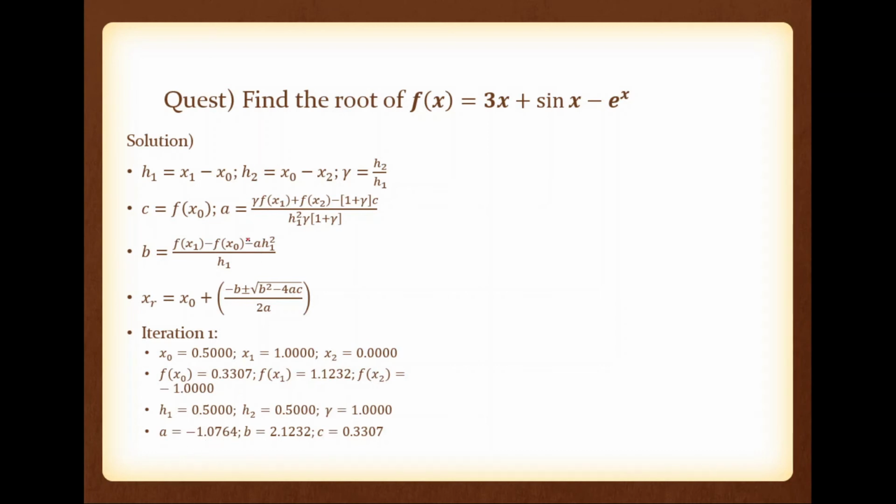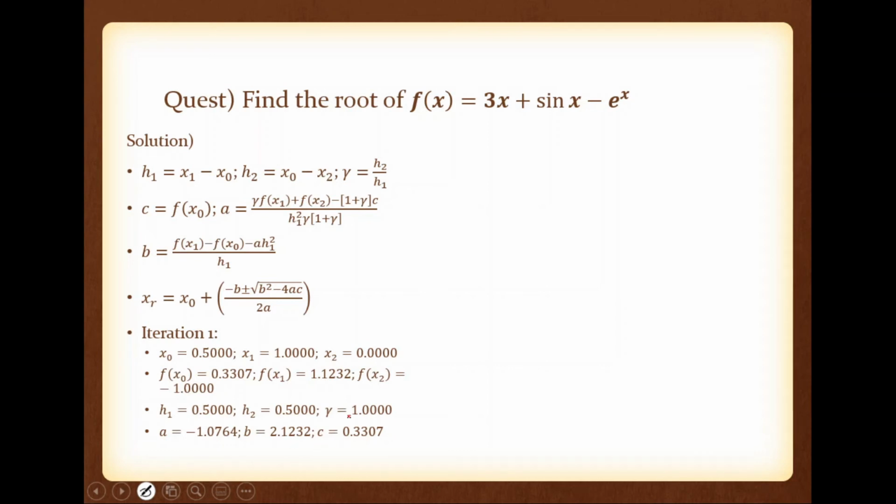Already one minus sign is there, so this a also has another minus, so you must be very careful. Okay, so minus into minus, that is plus, into h1 square, divided by h1. So b is equal to 2.1232. So this is b. B is equal to 2.1232.